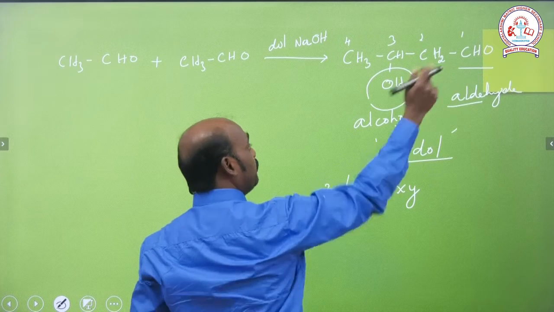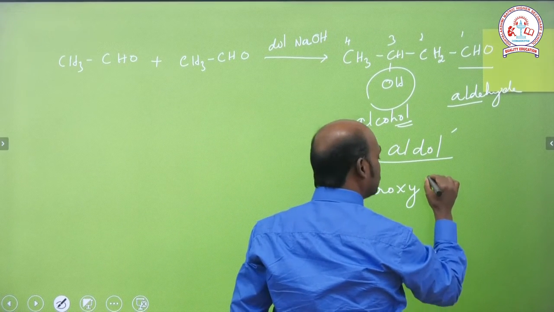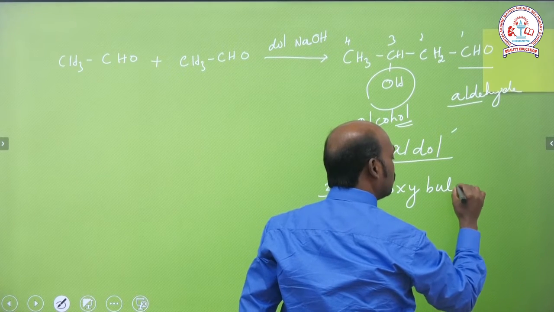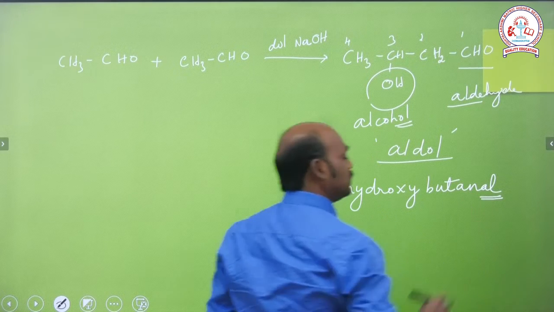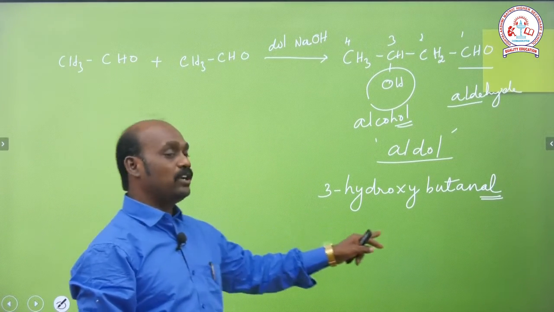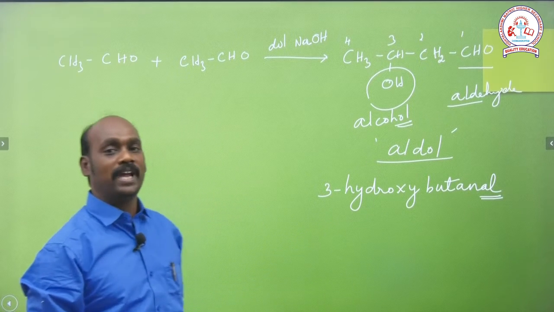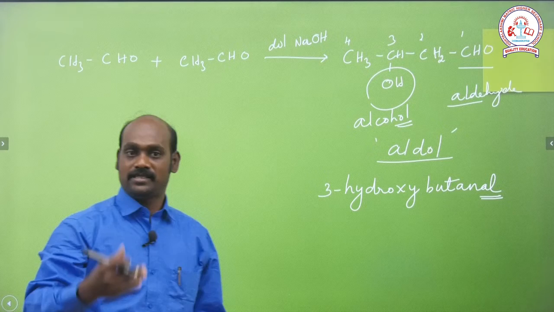Then how many carbons are in the main chain? 1, 2, 3, 4 carbons are there. So it is called butanal. The last suffix is al, which represents aldehyde. So 3-hydroxybutanal is the IUPAC name of this aldol. Clear?